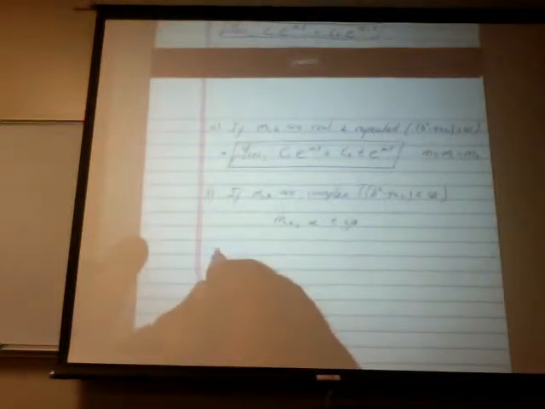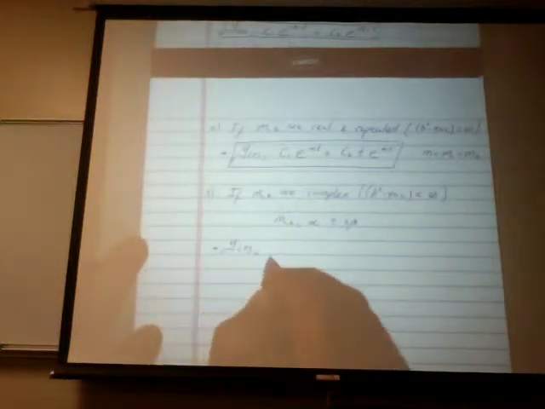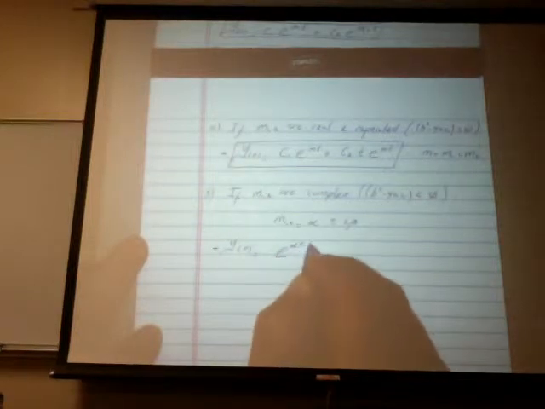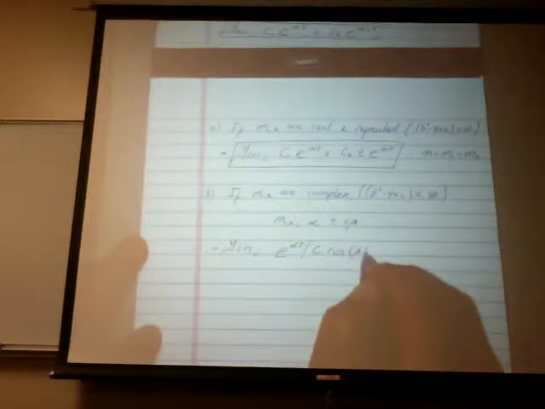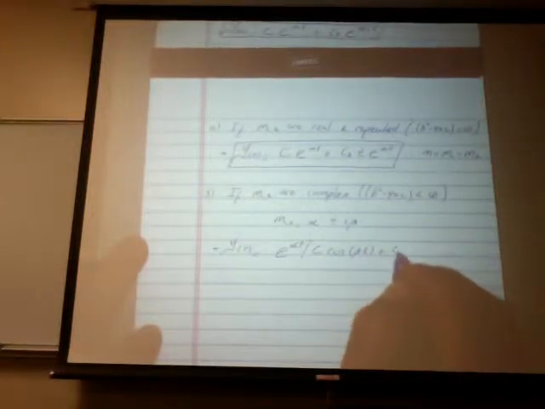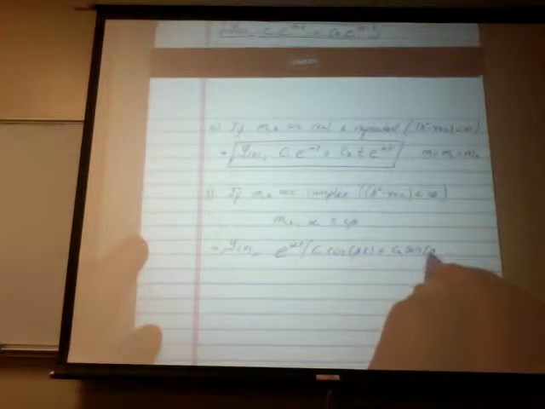Then y of t will be e to the alpha t times c1 times the cosine of beta t plus c2 times the sine of beta t.